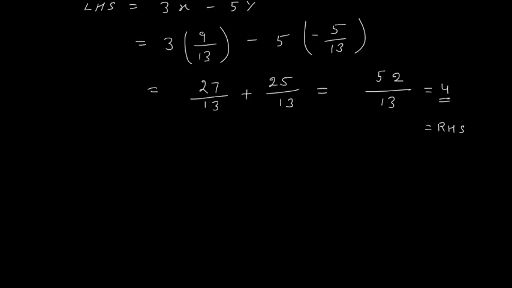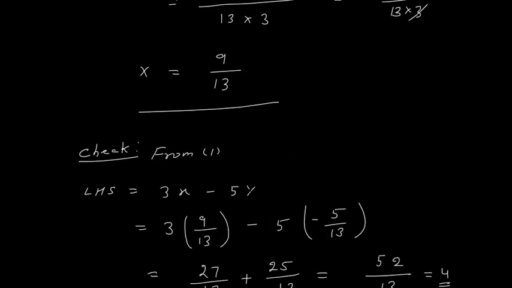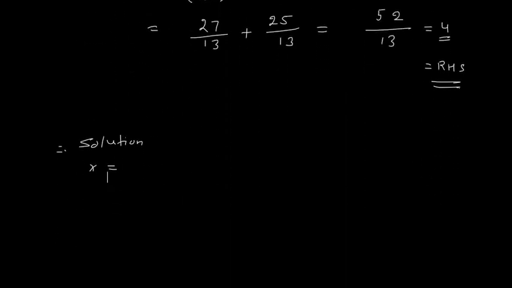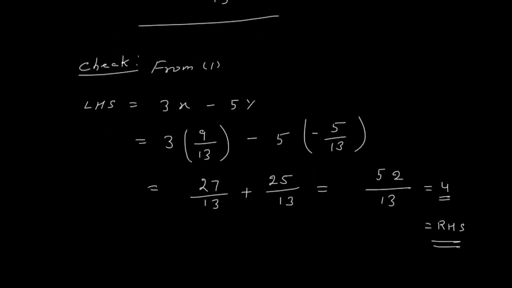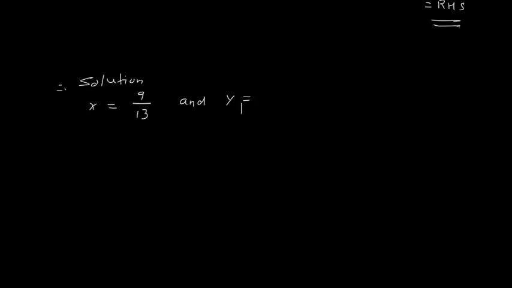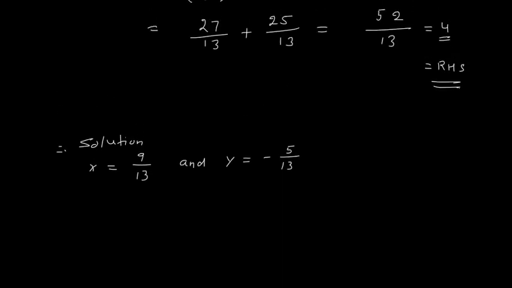That means we are correct. Therefore the solution is x is equal to 9 upon 13 and y is equal to minus 5 upon 13. This is how we got the solution x and y. Perfect.